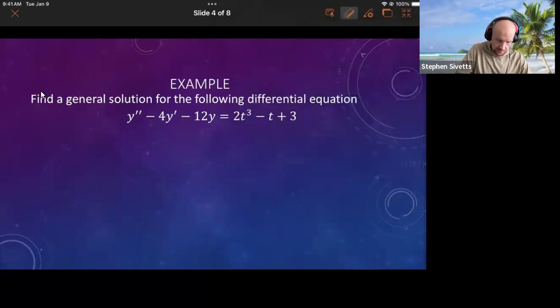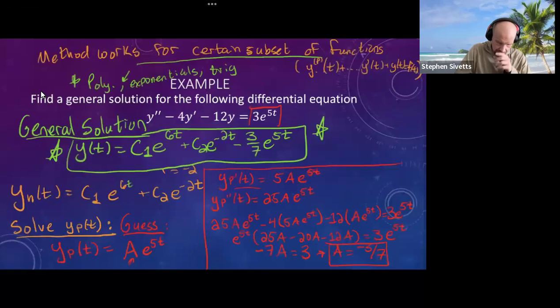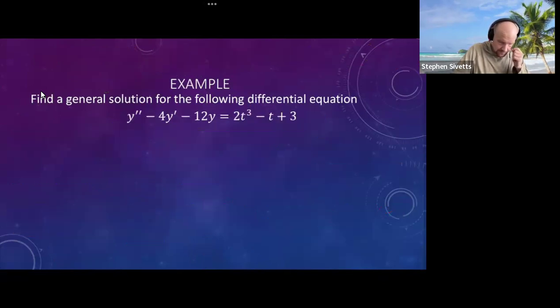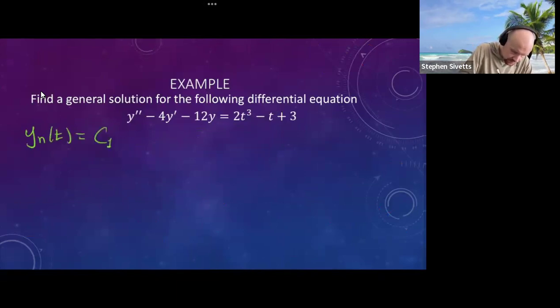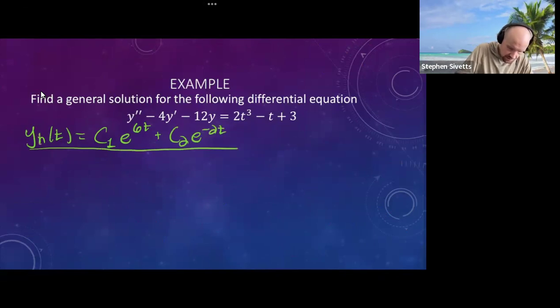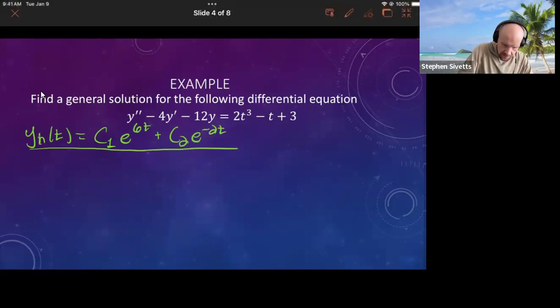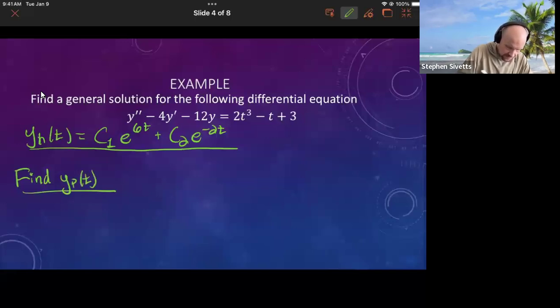If I just go back, the homogeneous term y h of t is equal to C1 times e to the 6t plus C2 times e to the minus 2t. But what's going to be different is the particular function, y sub p of t.